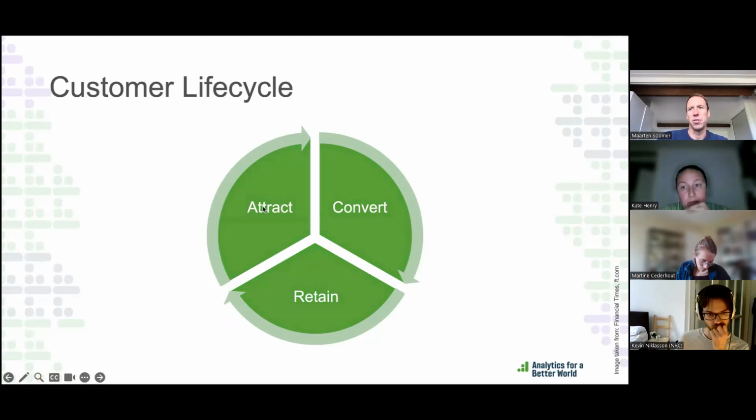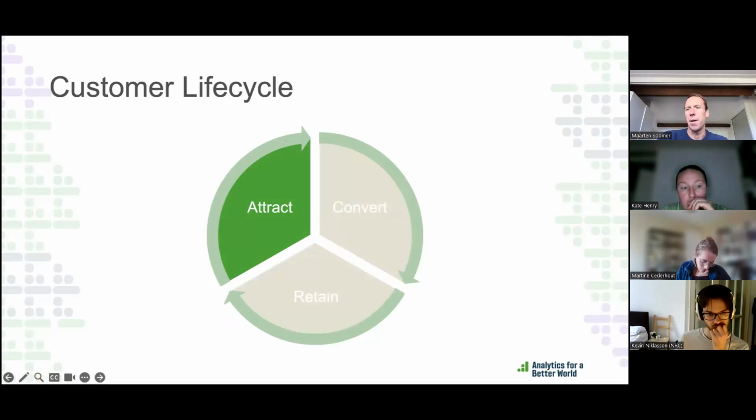So we need to build brand awareness, make some person that potentially would be interested to give money aware that we are even existing as an organization, make them aware about the good work that we're doing, to get them interested and to create that awareness.